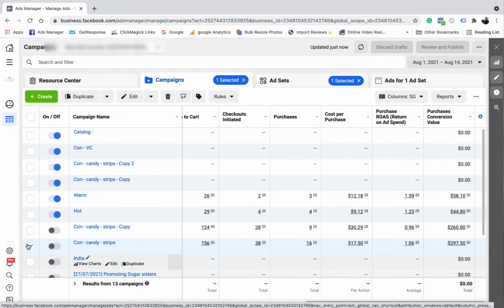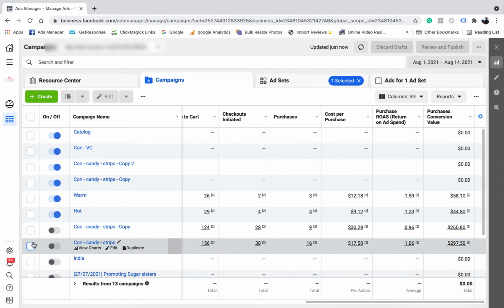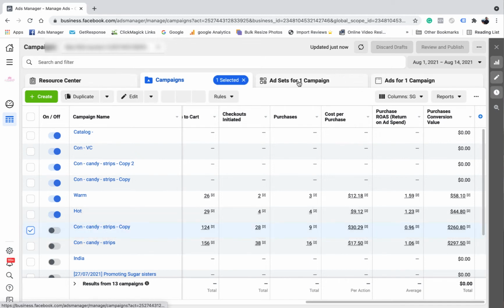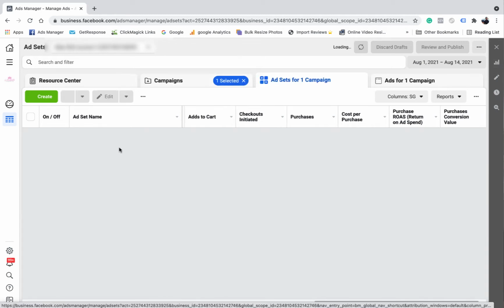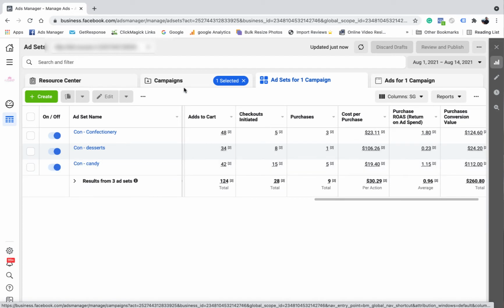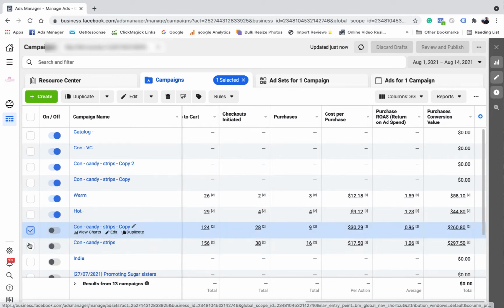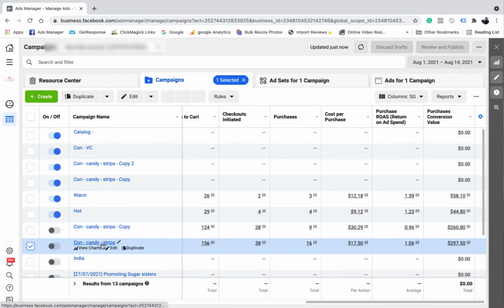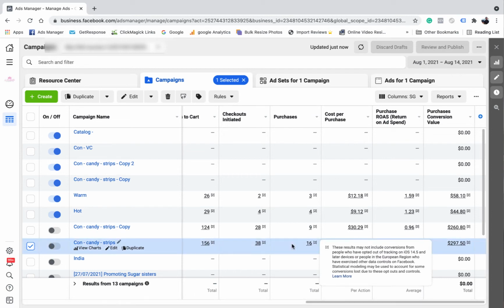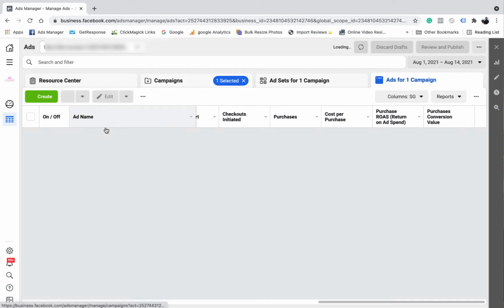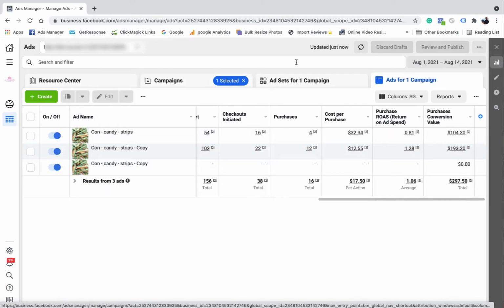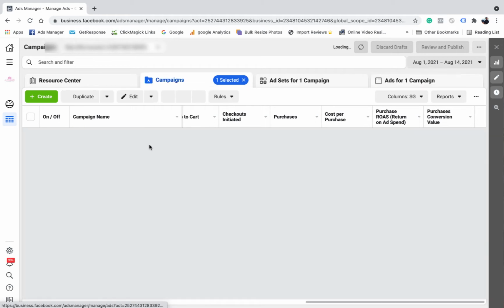So then I just duplicated that again. This campaign's going good, so I duplicated it and made an identical one, did the same thing, but now I'm targeting different interests. Because I knew this campaign went good with the interest as candy, and the ad was this, my next move is to find different audiences.